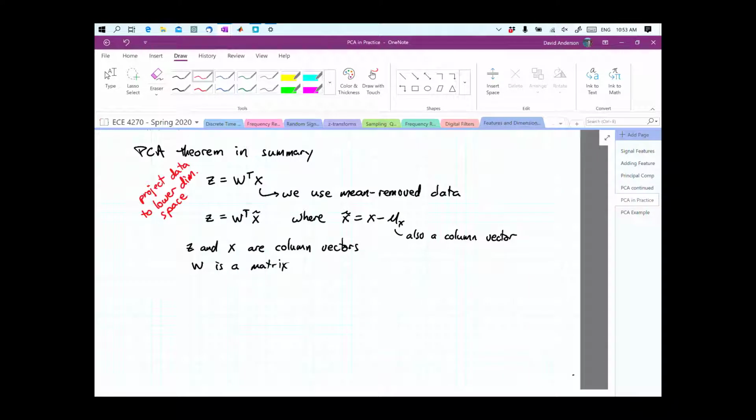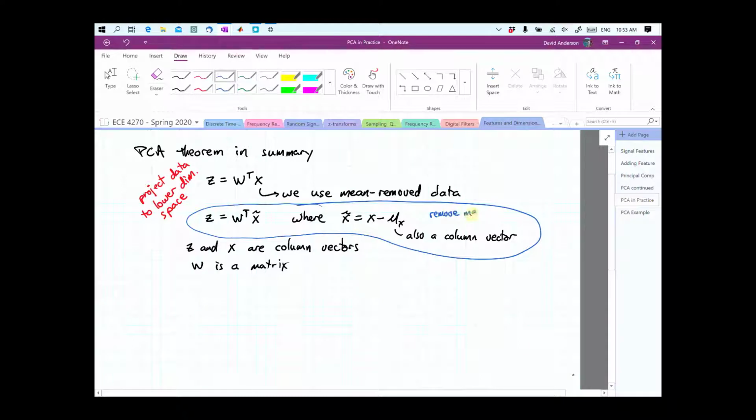X, as you see. Now, for the derivation and practical implementation of this, we want X to be zero mean. And so we will often have as a first step removing the mean of the data.